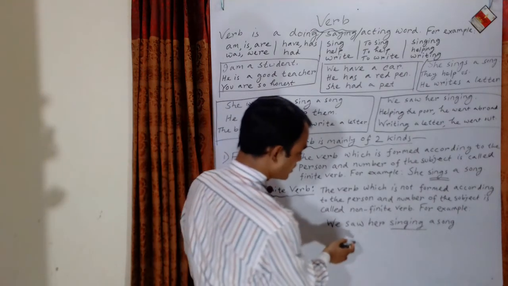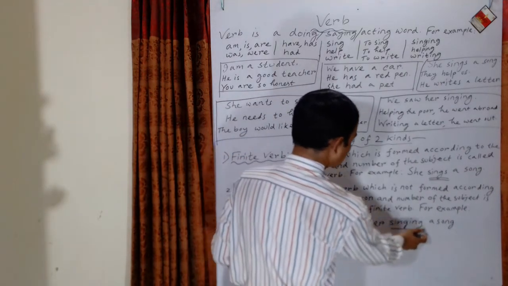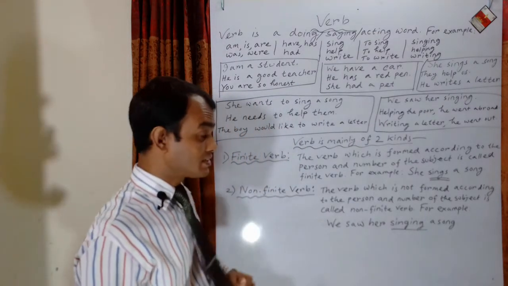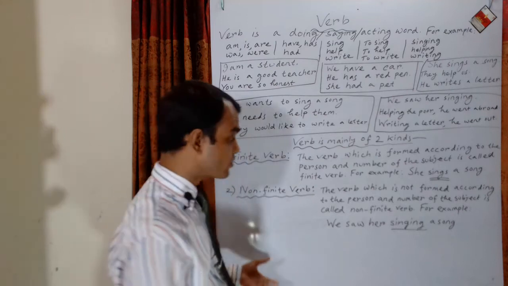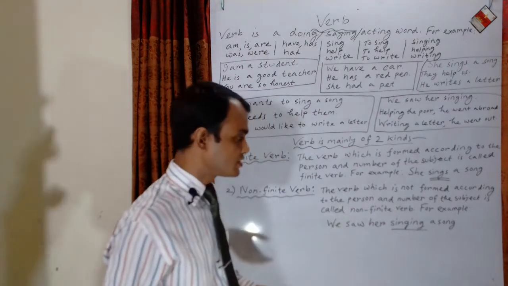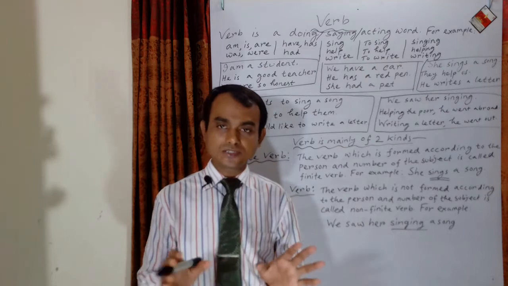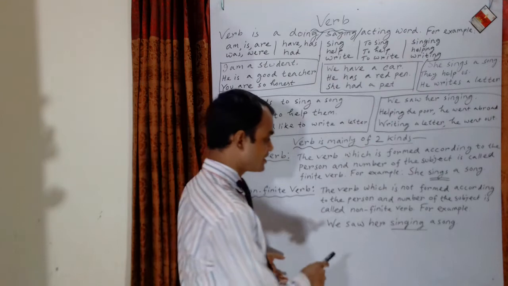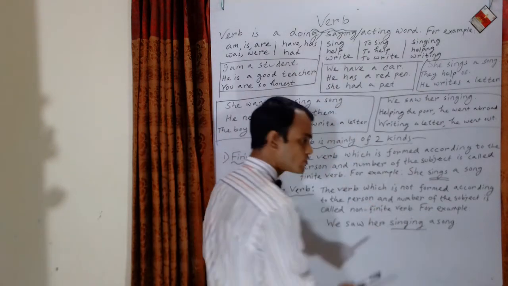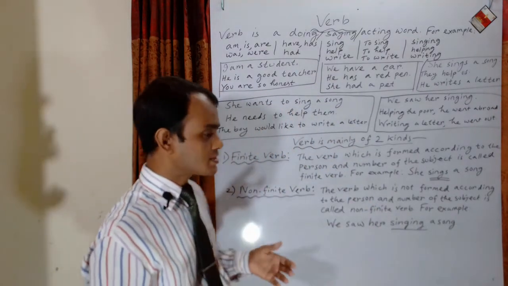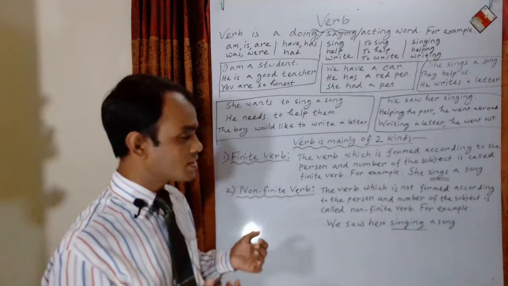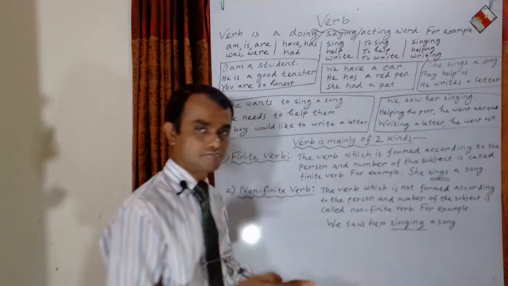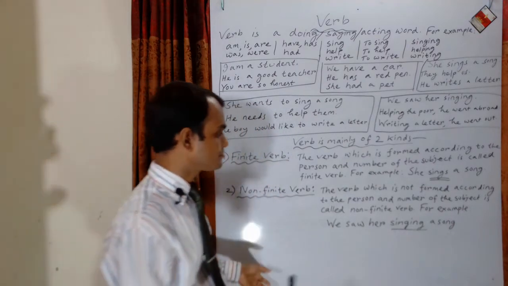We find here two verbs. One is saw and the other is singing. Okay, the verb singing is not formed according to the subject we. Singing does not follow the subject. It is unchanged. In the present tense it will be singing, in the past tense it will be singing, in the future tense it will be singing. Whatever the subject is we, singing will be intact.